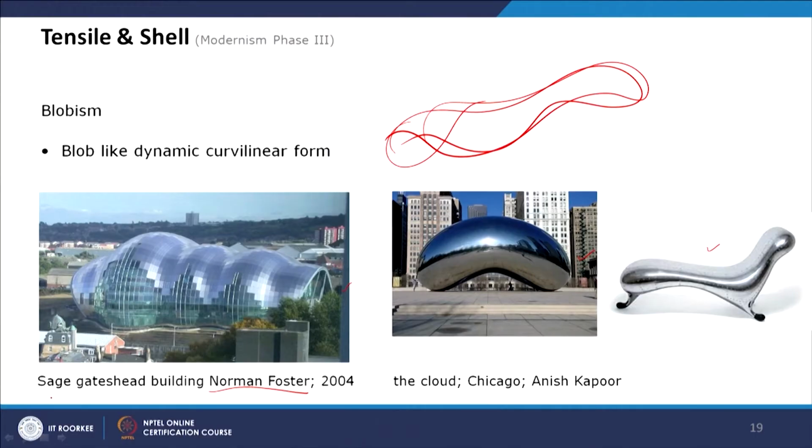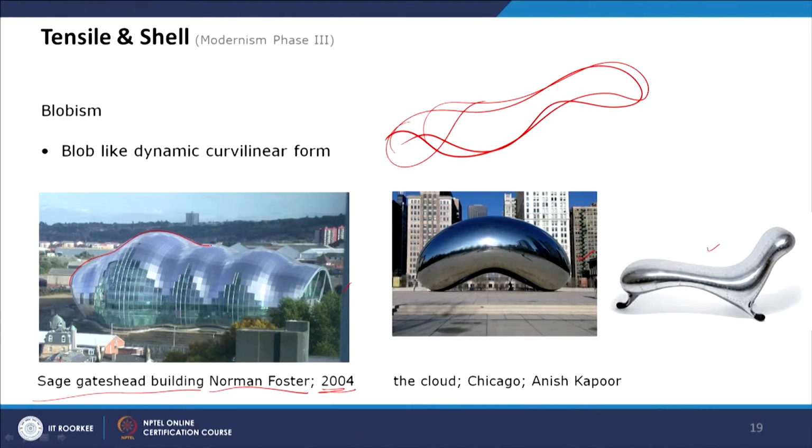This is the Sage Gateshead building by Norman Foster, designed quite late within the postmodern era, and if you look at the form, it looks like a water-filled blob of a member, like an amoeba. And this is Cloud Gate, a famous sculpture by Anish Kapoor in Chicago.